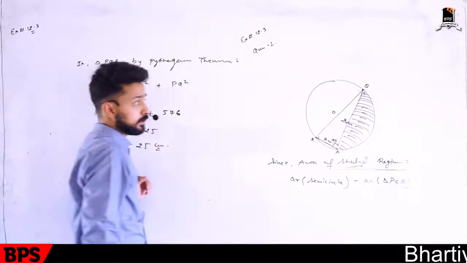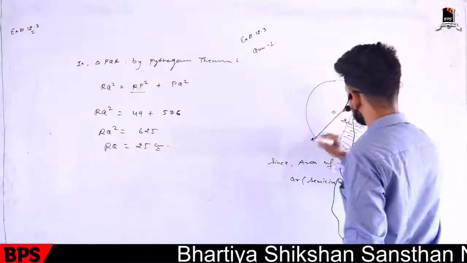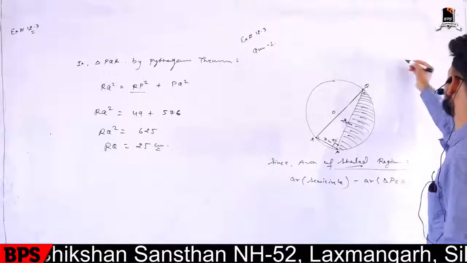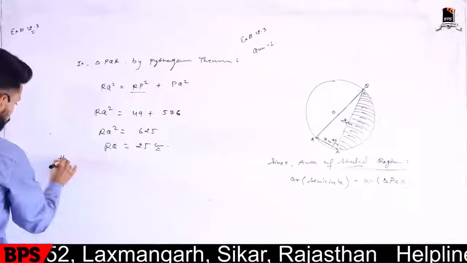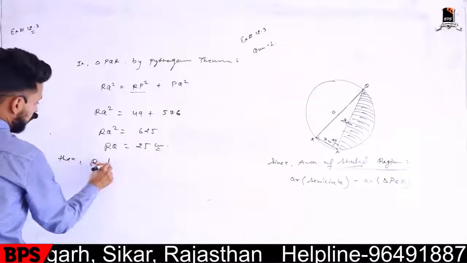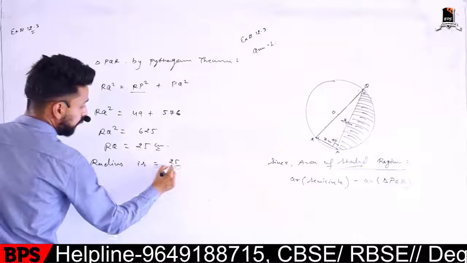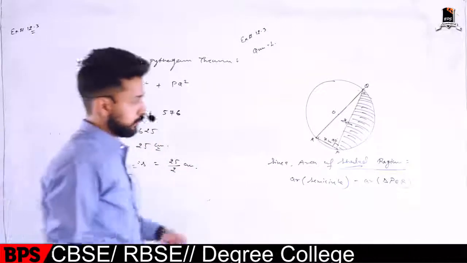RQ is the diameter of the circle, so radius is 25 by 2 centimeter. Now we have to find area of shaded region.